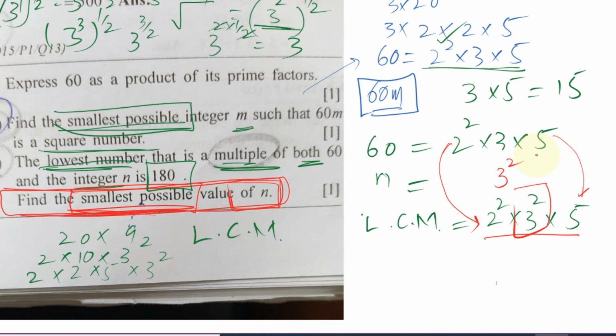So there should be 3 square in one of the two numbers, either in 60 or in n or in both. Without taking 3 square, the LCM cannot be 180. We need 3 square in the LCM. That's why 3 square can be taken as the smallest possible value of n.